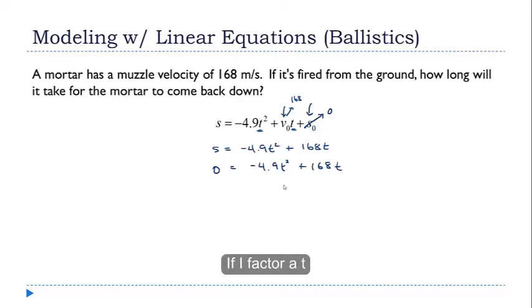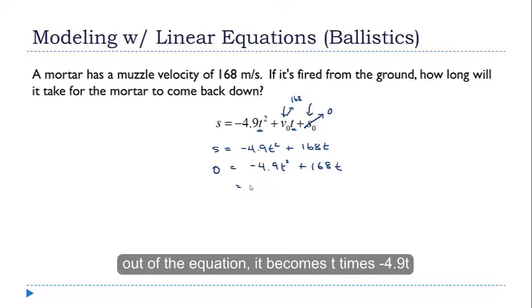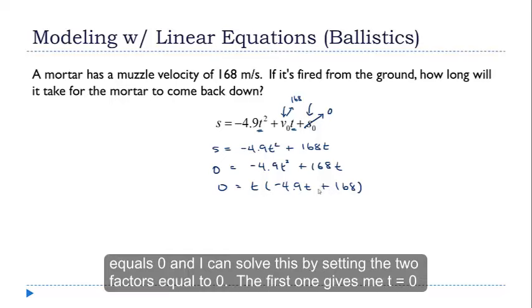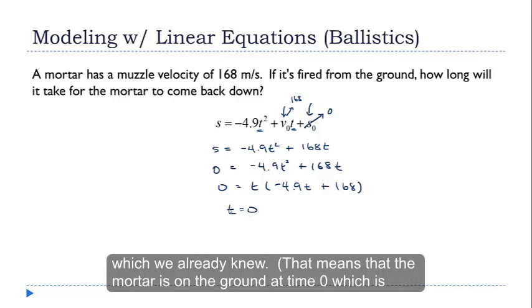If I factor a t out of the equation, it becomes t times -4.9 t plus 168. And I can solve this by setting the two factors equal to 0. The first one gives me t equals 0, which we already knew. That means that the mortar is on the ground at time 0, which is when it's being fired.